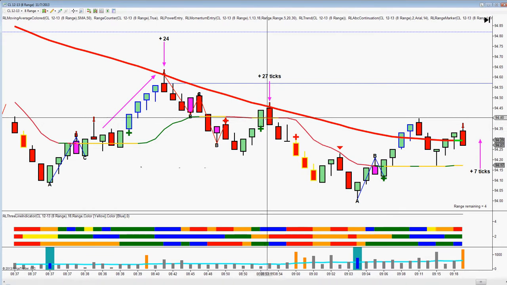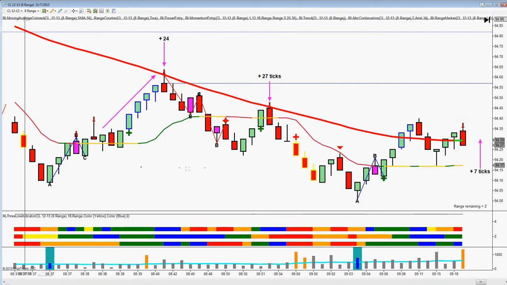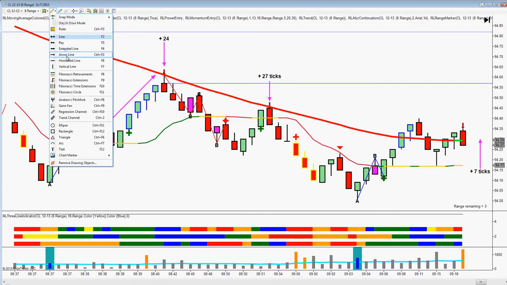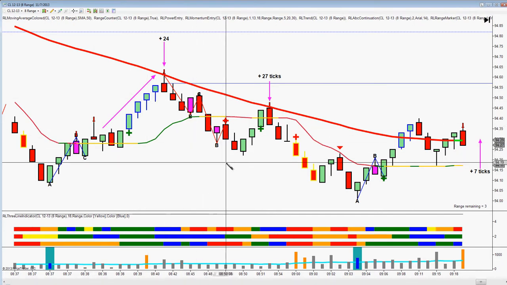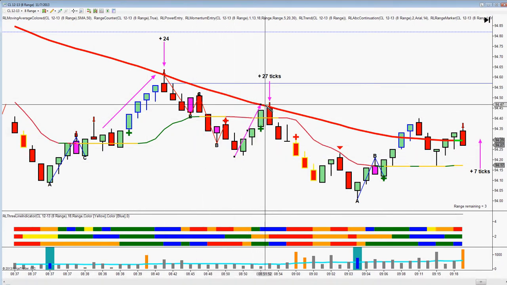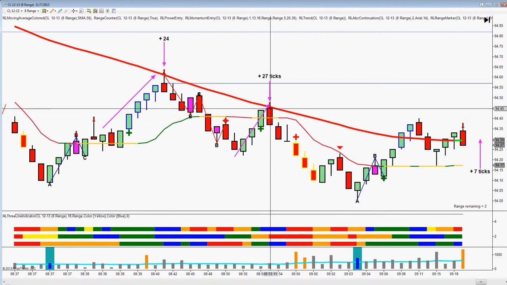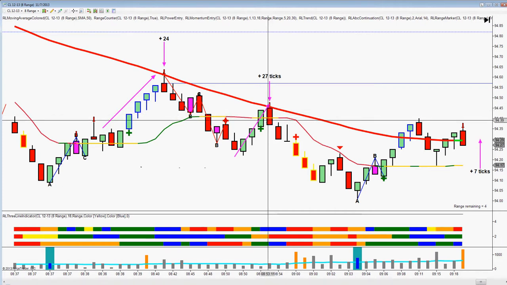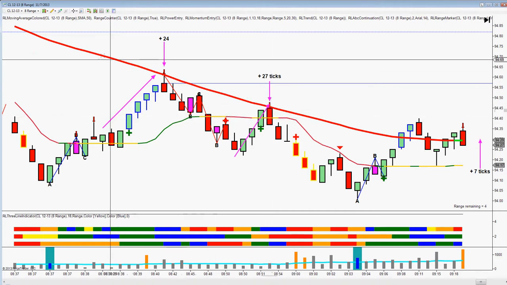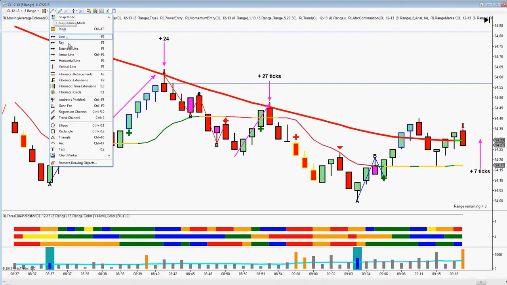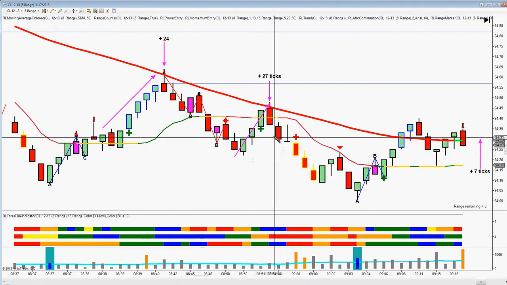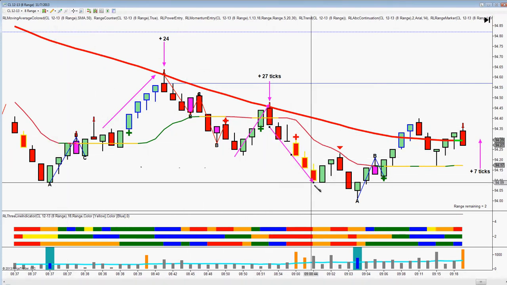Came back, same setup again. Another retracement into a downtrend. Power entry signal. This one was even a better setup structurally because it came off the 50, which acted as great support, and it broke the modified 15. And down we went for 27 ticks.